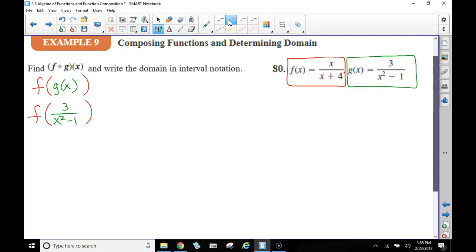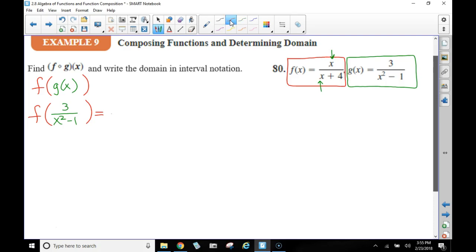Okay? And so what that means is that we're going to go to our f function, and where we have an x, which was there and there, we're going to replace that with 3 over x squared minus 1.